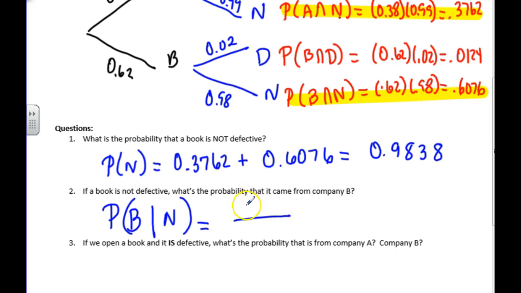Anytime you have a conditional probability, you're going to have access to these formulas on your AP Stats formula sheet. If we recall, this will be the probability of B and N over the probability of N. I noticed on some of your papers that there's a tendency to incorrectly place the denominator.